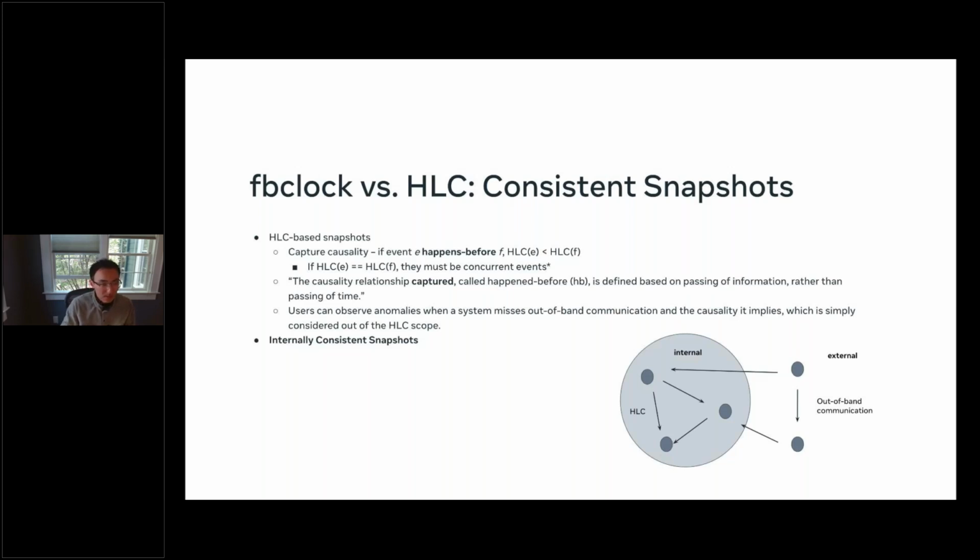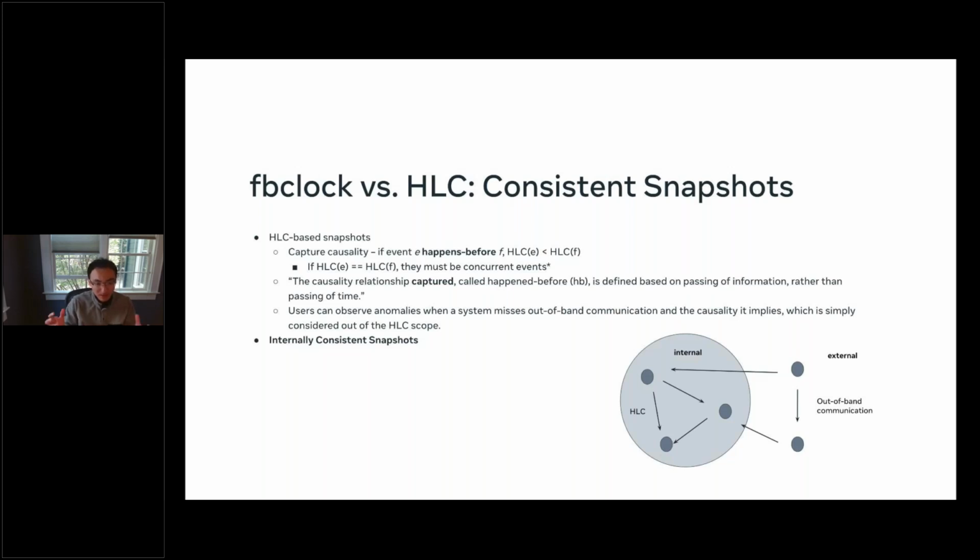a line in the paper that's very subtle. It says that the causality relationship captured is called happens-before, which means that if it's not captured, it's out of the scope of the happens-before relationship. So event E only happens before event F if we capture this causality.